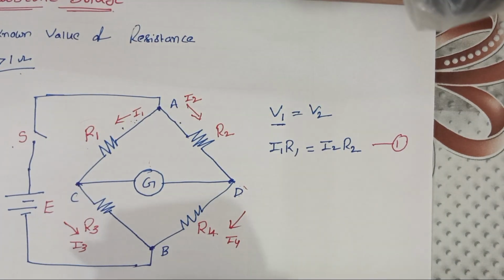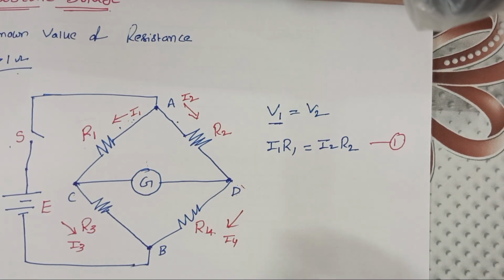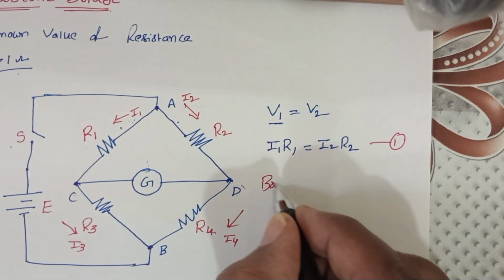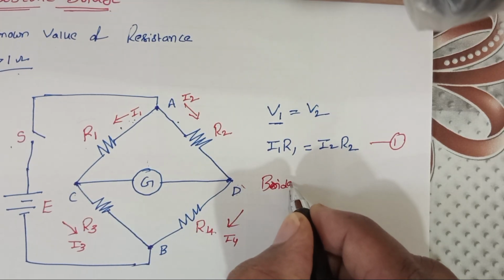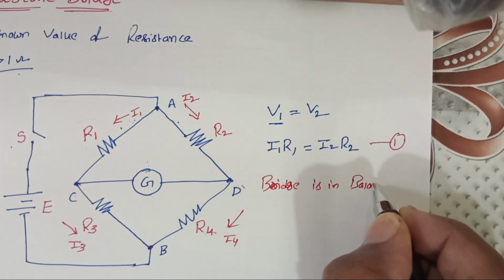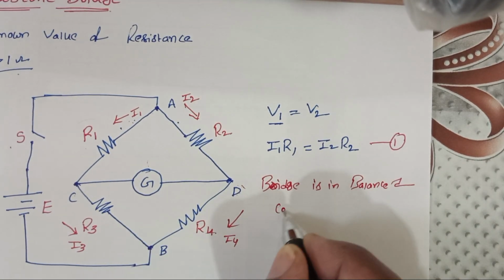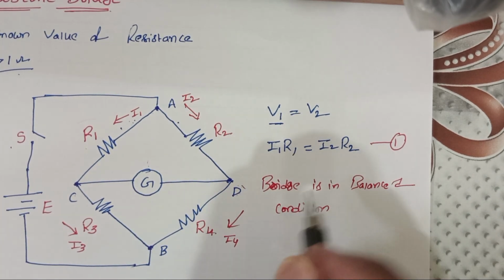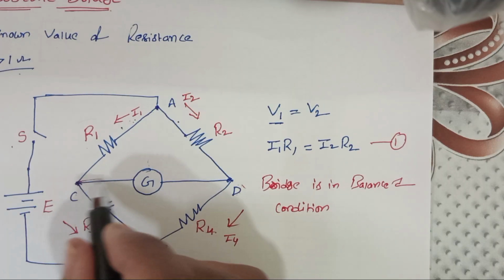Now here the bridge is in balanced condition. Balanced condition means there is no current flowing through the galvanometer.